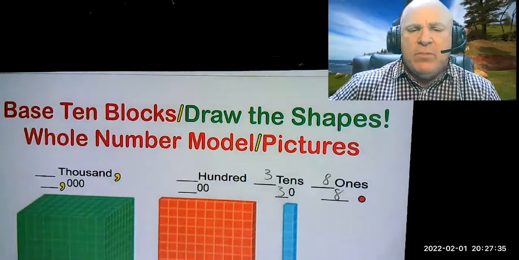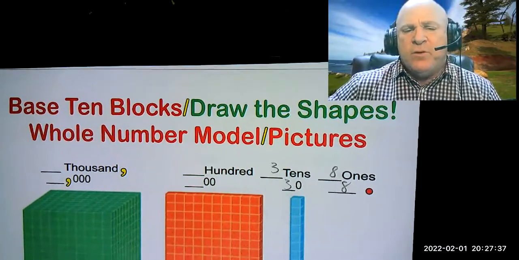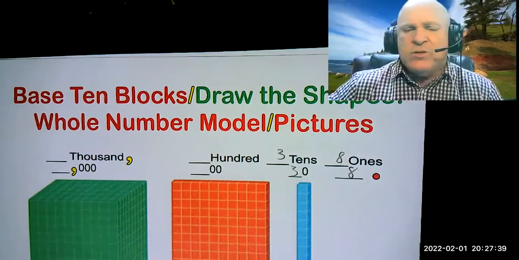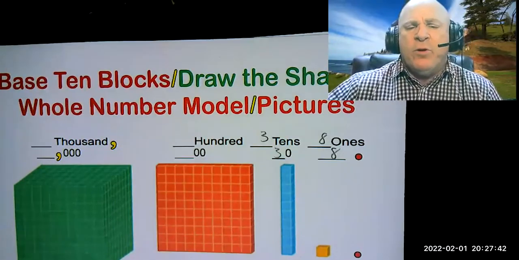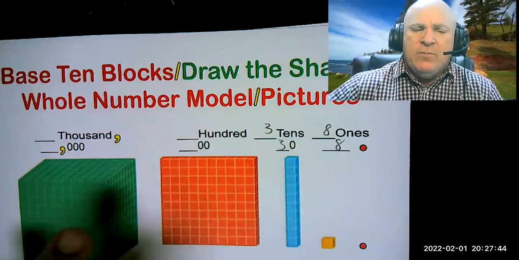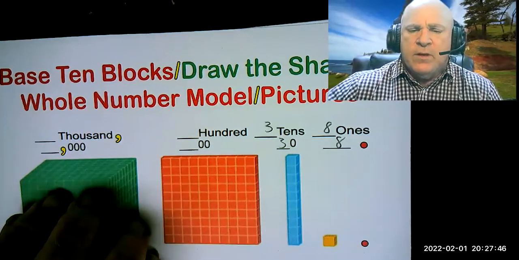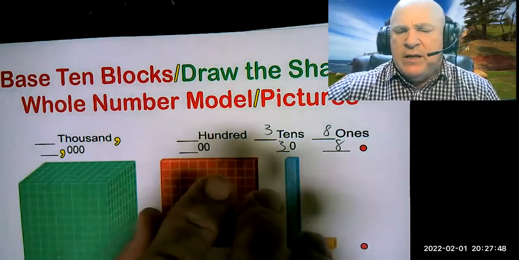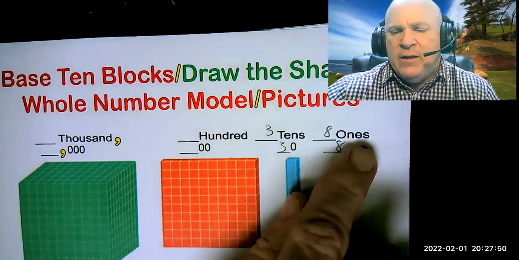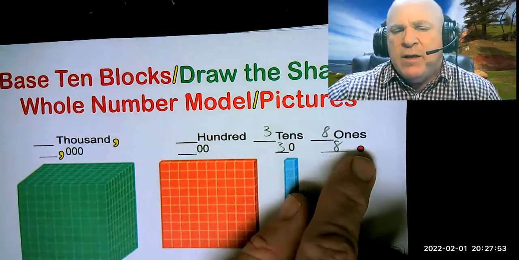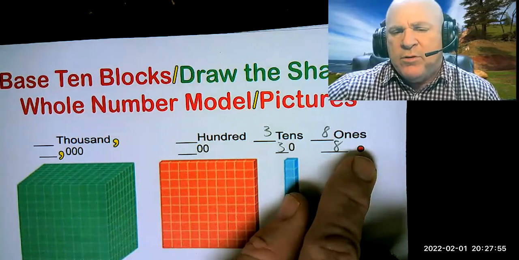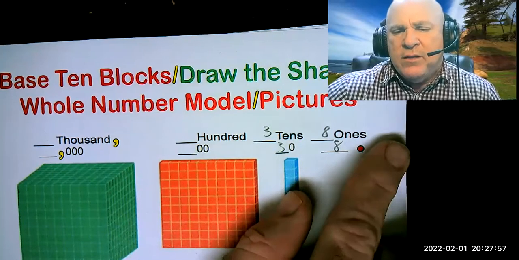Here are the base 10 blocks to draw the shapes, the whole numbers, the pictures. If they were asking for whole numbers, there would be thousands, hundreds, tens, and ones, and then an imaginary decimal that's behind all of the whole numbers and nothing else.